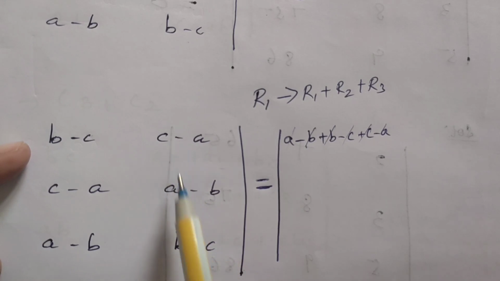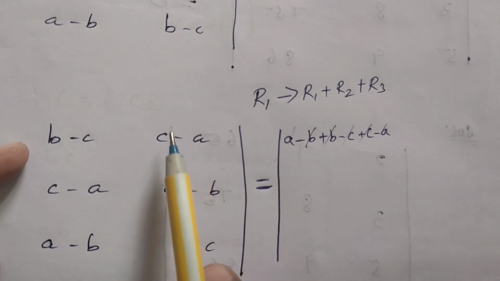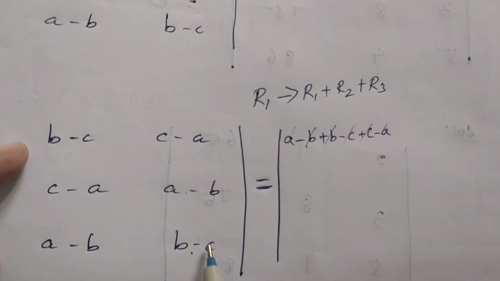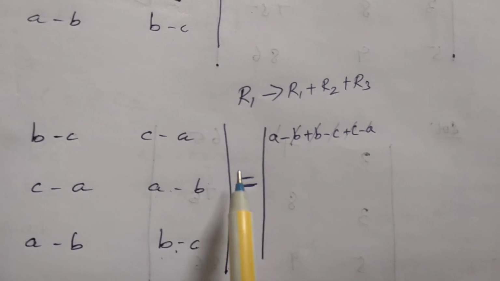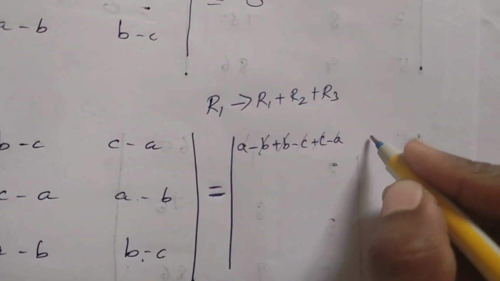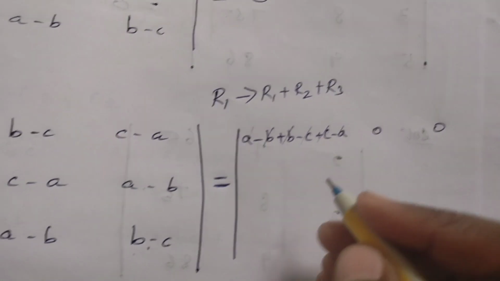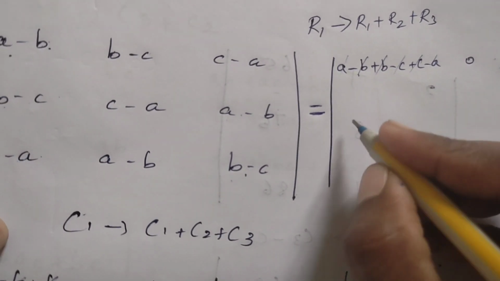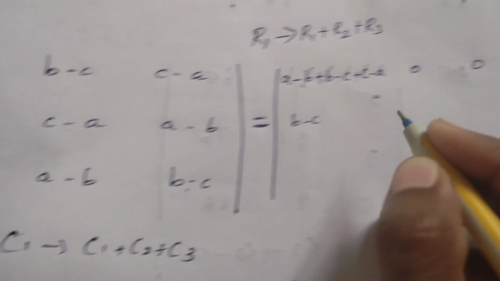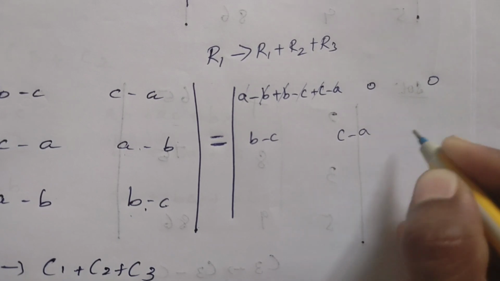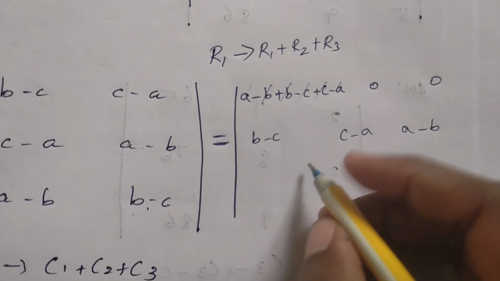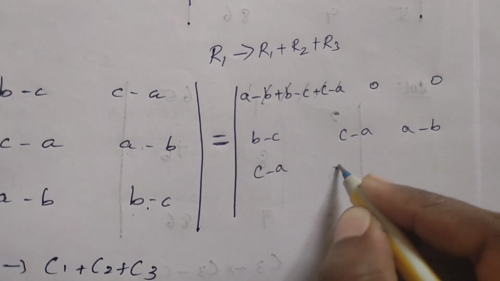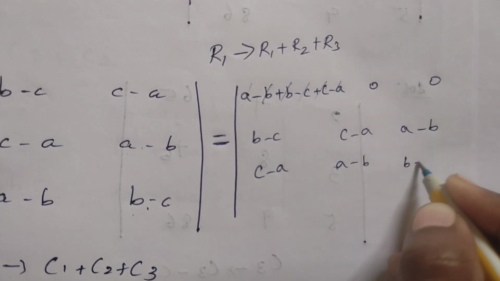Again in adding these three terms, c and minus c will get cancelled, minus a plus a will get cancelled, minus b plus b will get cancelled. So your first row will be 0, 0, 0, and the rest will be as it is: b minus c, c minus a, a minus b, and c minus a, a minus b, b minus c.